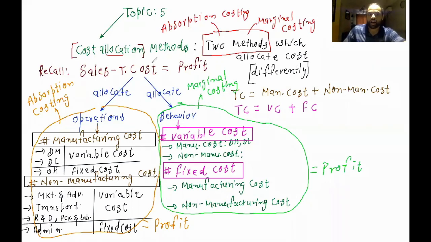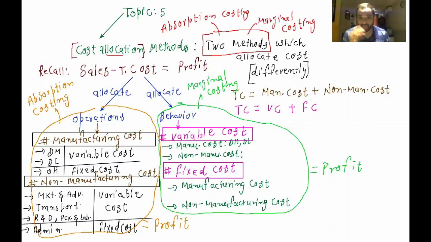So now the conclusion is we estimate profit in two different ways. One is by applying the absorption costing method, which believes that cost is divided into two parts, manufacturing and non-manufacturing. All right. Central idea for absorption costing is manufacturing and non-manufacturing cost.